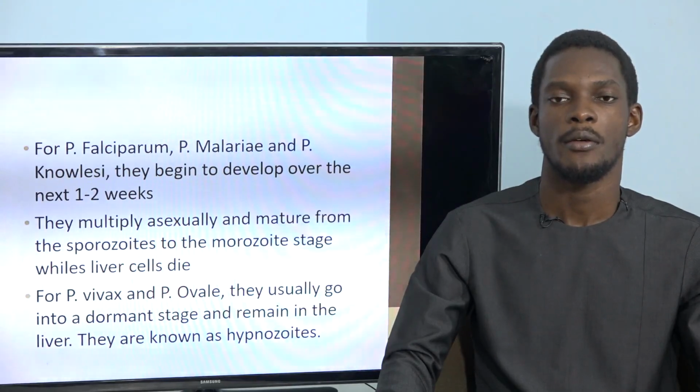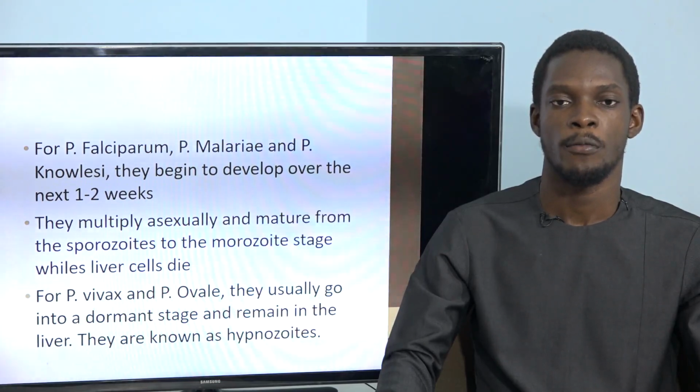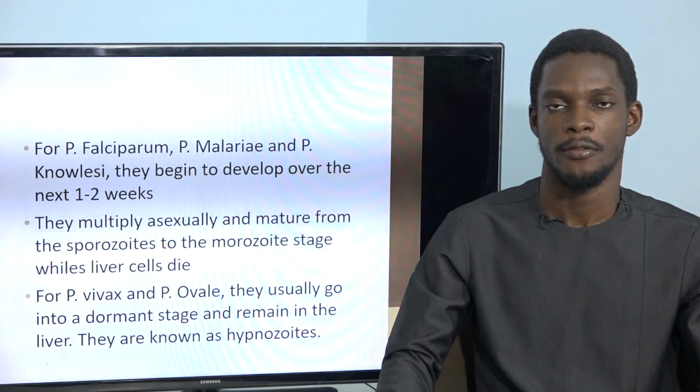P. falciparum, P. malariae, and Plasmodium knowlesi are known to begin to develop after 1 to 2 weeks. They multiply asexually from sporozoites to merozoites, whilst the liver cells die off.